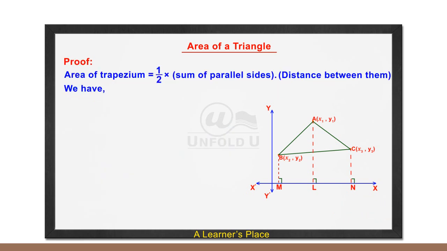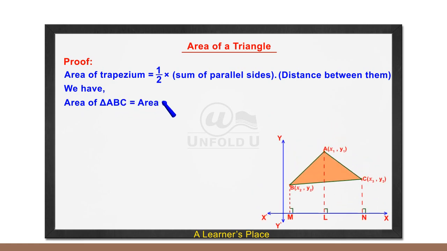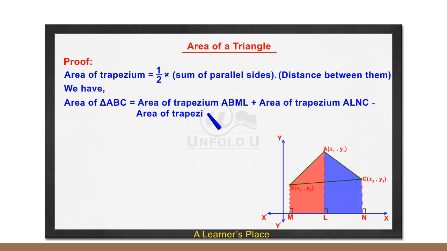We have area of triangle ABC is equal to area of trapezium ABML plus area of trapezium ALNC minus area of trapezium BMNC.